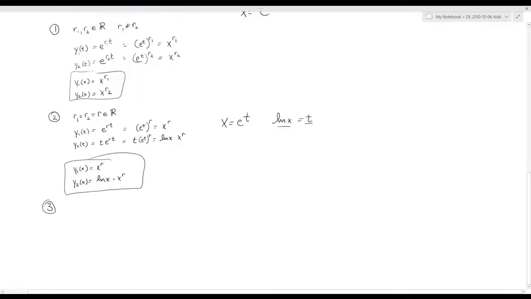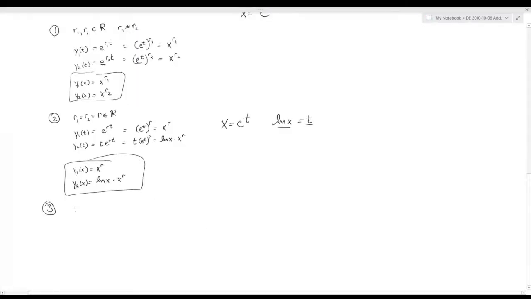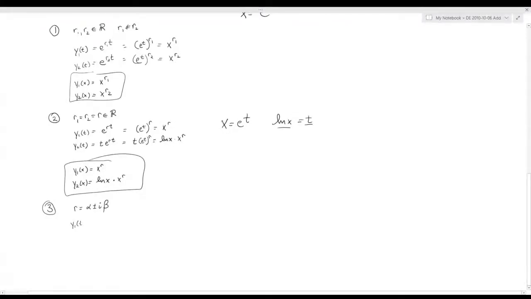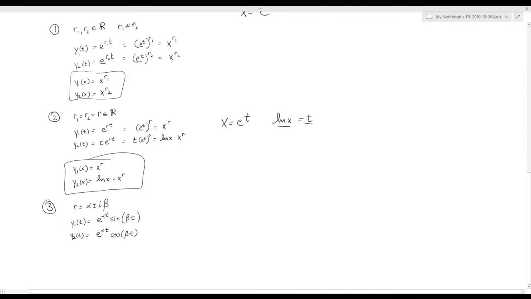The third case is where our roots are a conjugate pair in terms of the independent variable t. You know that our fundamental solution set is an exponential using the real part of our complex root, and a sine and cosine, which use the imaginary part of our complex roots.